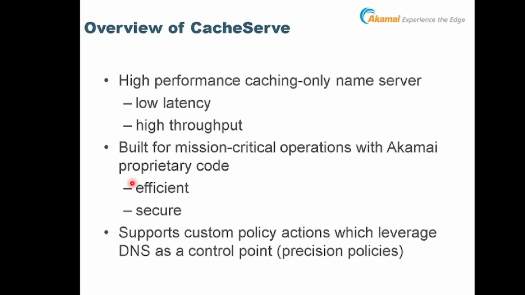It does not encrypt the way SSH does. So that's a bit of a diversion, but otherwise this is Akamai proprietary code with the idea that we can be more efficient in the architecture because we know that we are doing caching only. We don't have to accommodate a multitude of databases and things like that.